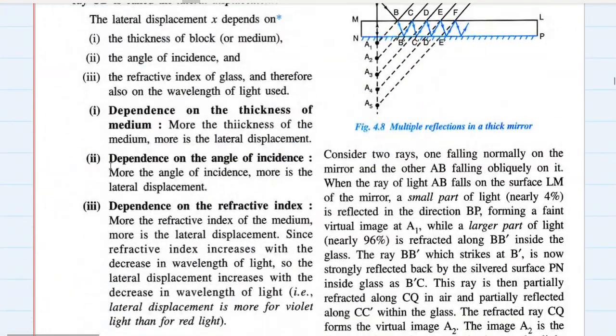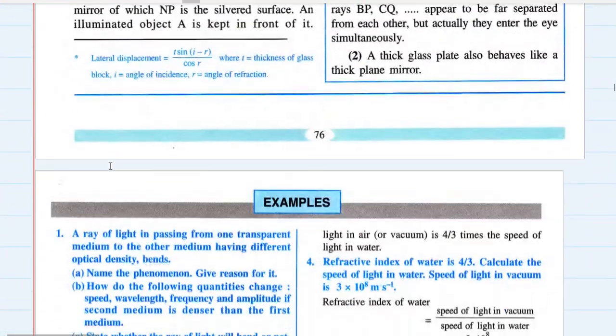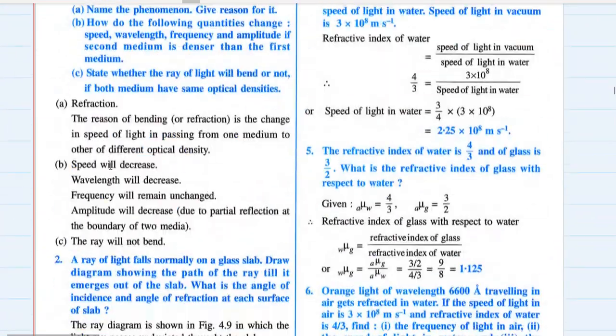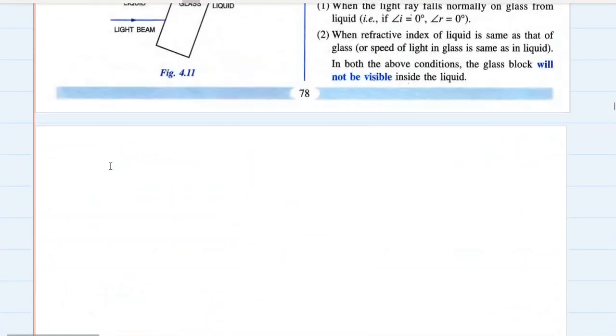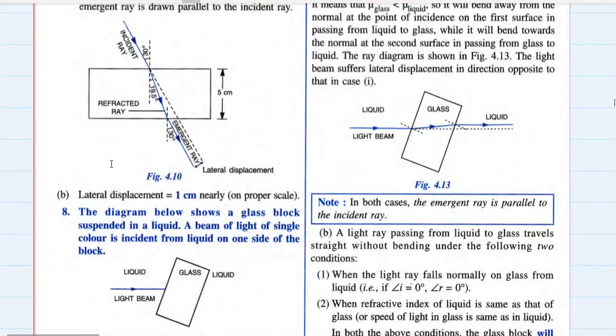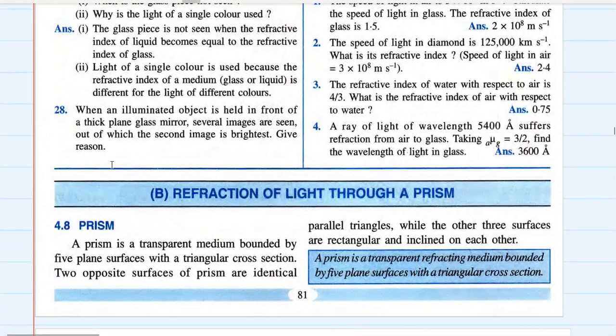Now see, the whole first part is done, with multiple reflections and everything. Now there are certain examples and questions, but I cannot give you any homework as of now because your test is approaching. So I will be making more videos on this particular topic as well as the chapter.